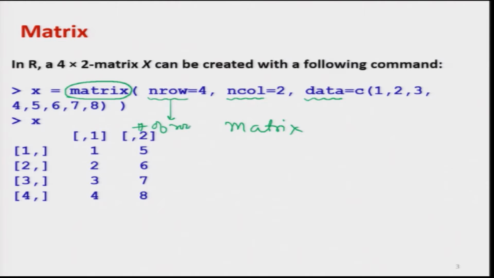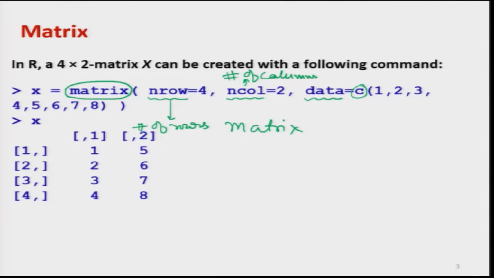Ncol similarly gives the total number of columns in the matrix. And the data has to be given using the c command, as a data vector that has to be arranged inside the matrix.